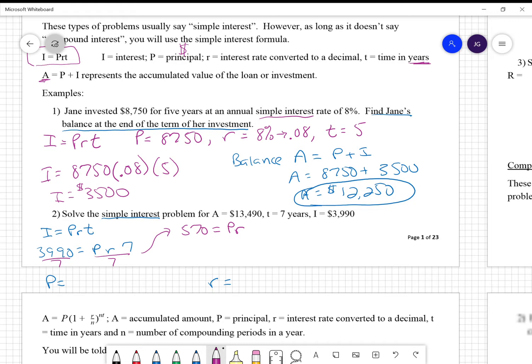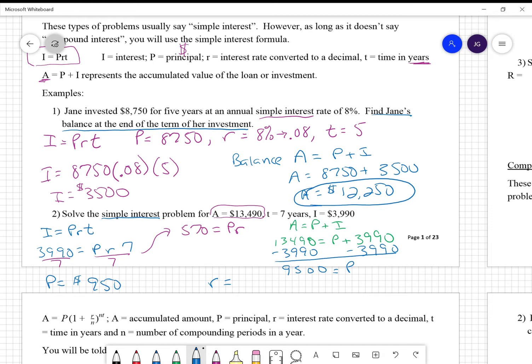So I know this A. Well, I know that, let me do this in a different color, A equals P plus I. Well, if 13,490 equals principal plus 3,990, I can find principal by subtracting. Principal is 9,500.